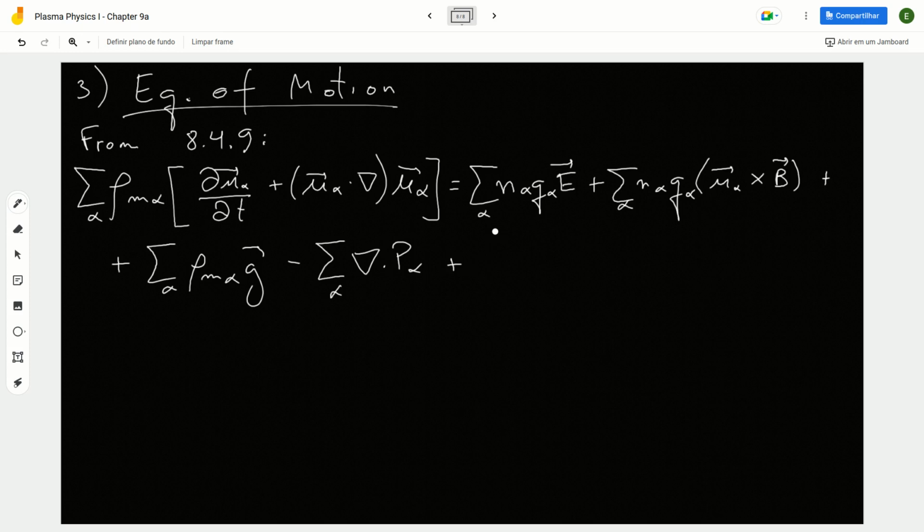Plus the sum over alpha minus the term involving collisions. Okay.